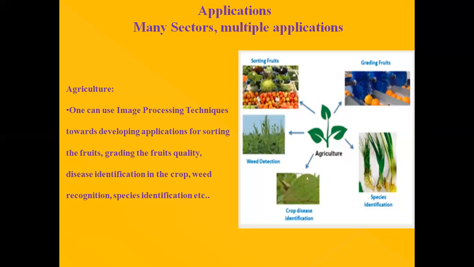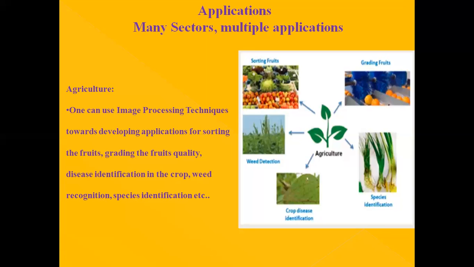In the farming field, crop disease identification based on history, and the amount and type of pesticide to be sprayed, can be evaluated. Image processing is helpful in weed detection, and further steps can be taken for elimination of the weeds. Image processing also helps in species identification. The research is going on at a very high intensity. Multiple possibilities can be correlated with image processing applications.